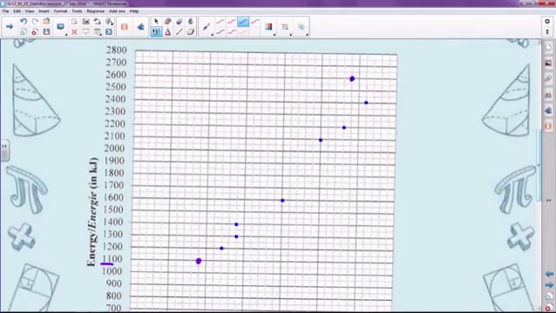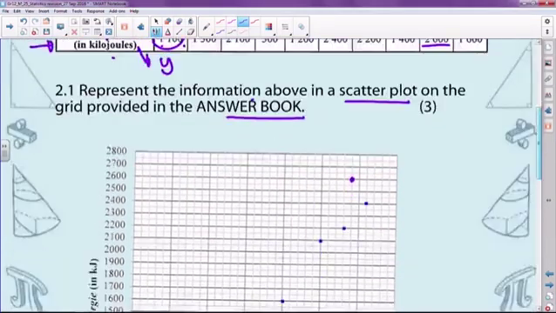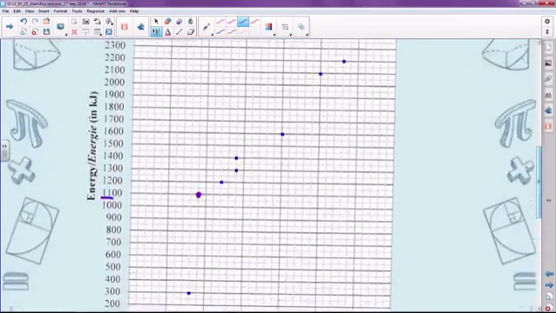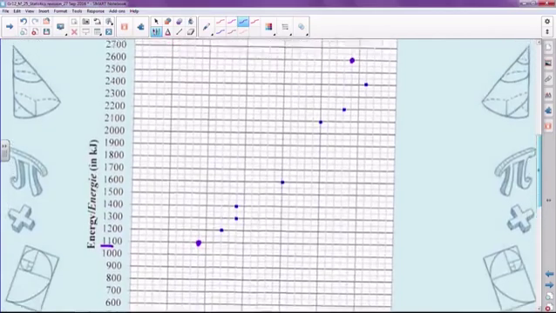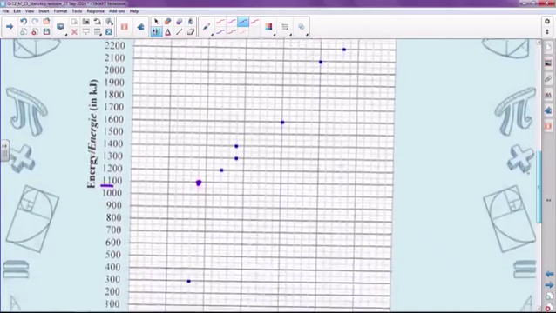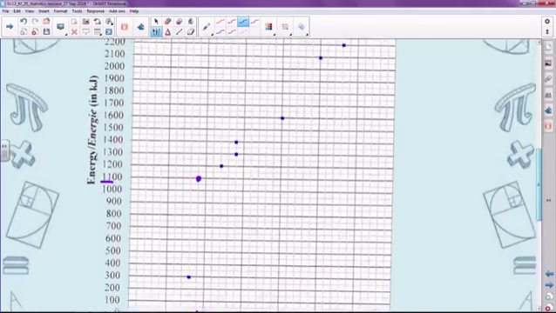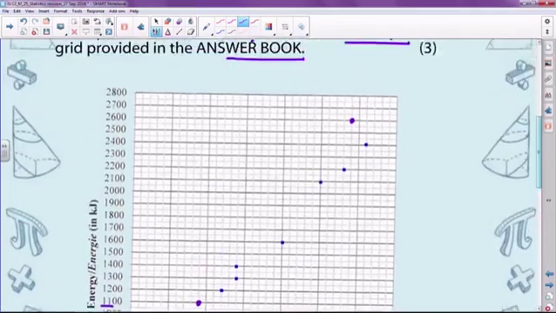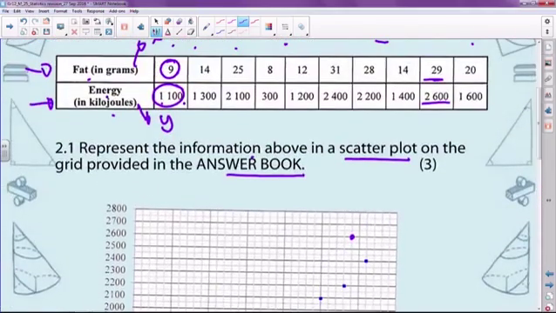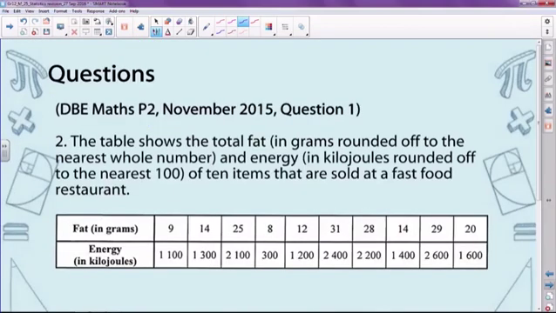And where those two meet, the point 29 and 2,600, we put a dot. All right, so this is roughly what your scatter plot should look like. I can't fit everything into the screen there, but hopefully you all have the same graphical representation of your scatter plot as well.